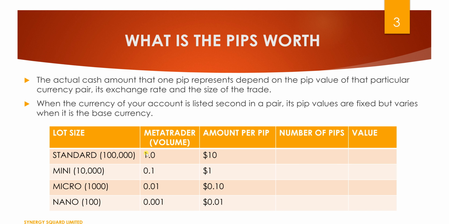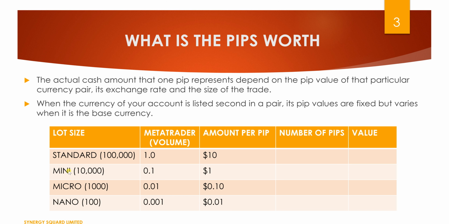This is what we call 1 standard, represented with 1.0. Then the amount per pip for this standard 100,000 units of currency is $10.